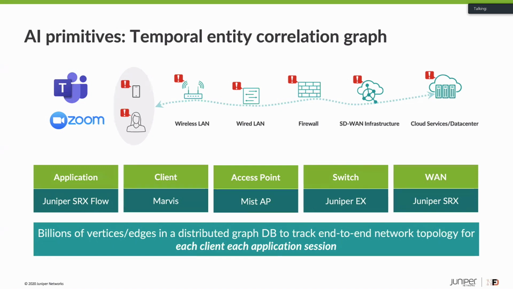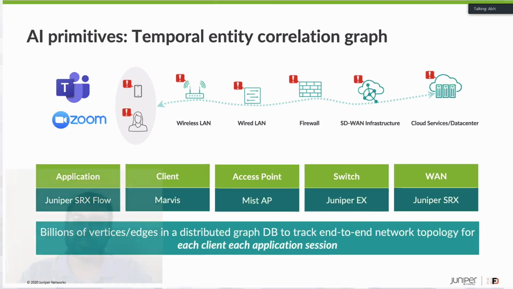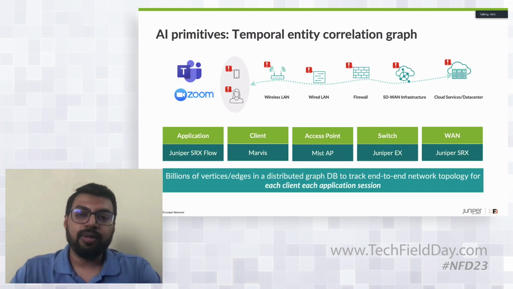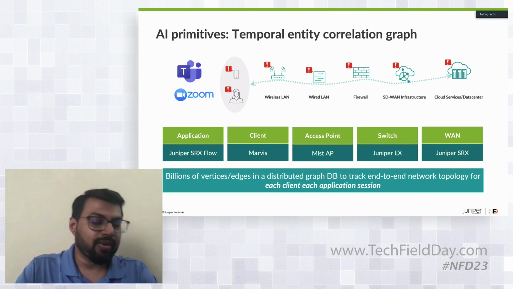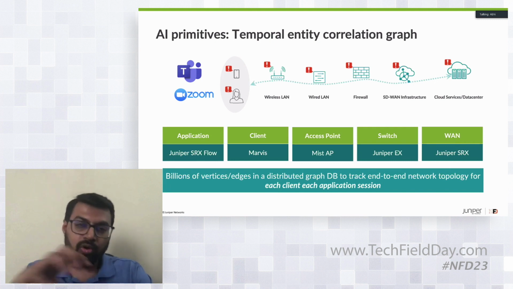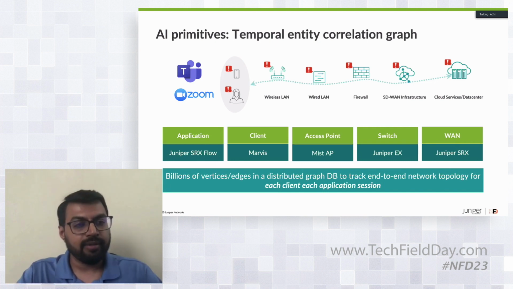In the wireless world, it could be the AP capacity, it could be RSSI, where the client is at, it could be many things. Similarly, on the wired network, it could be many other aspects which we just discussed when Sujit presented. Similarly, at the firewall or your SDN level, you still have many issues that we just spoke about in the AI-driven WAN aspect. Now, bring this all together. There are so many vertices for us to look at in a graph database.